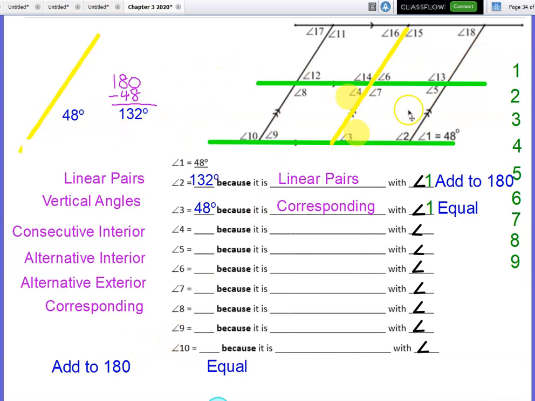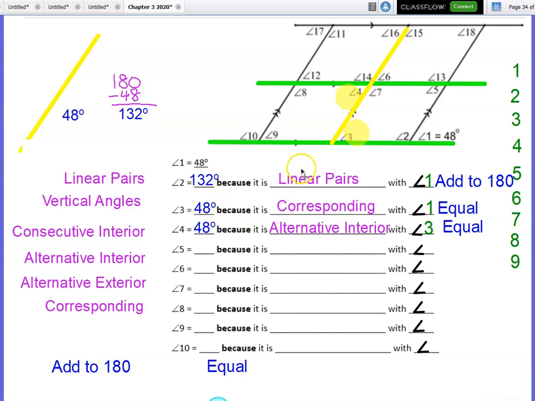They are interior angles, and they are on alternate sides, so they are alternate interior angles. And we compared it with angle 3. So what do we know about alternate interior angles? They are equal. So that means angle 4 has to equal angle 3. So it is 48 degrees.